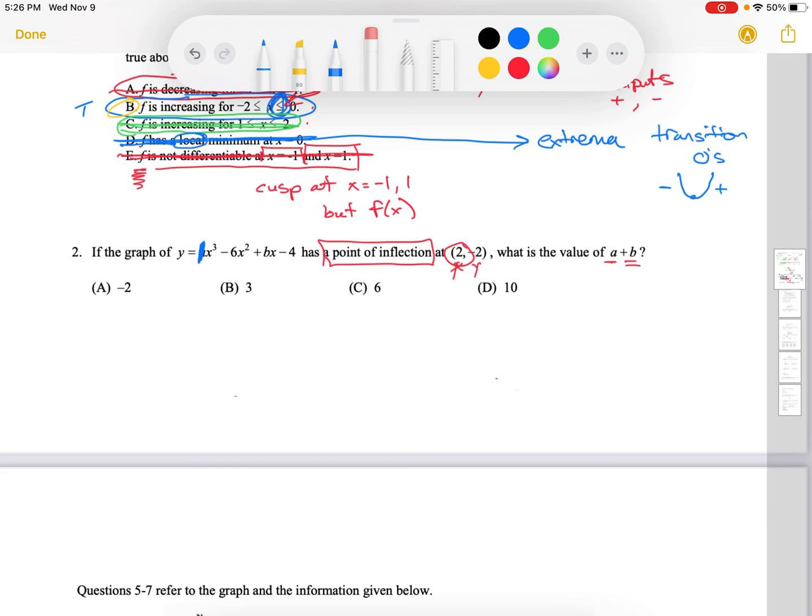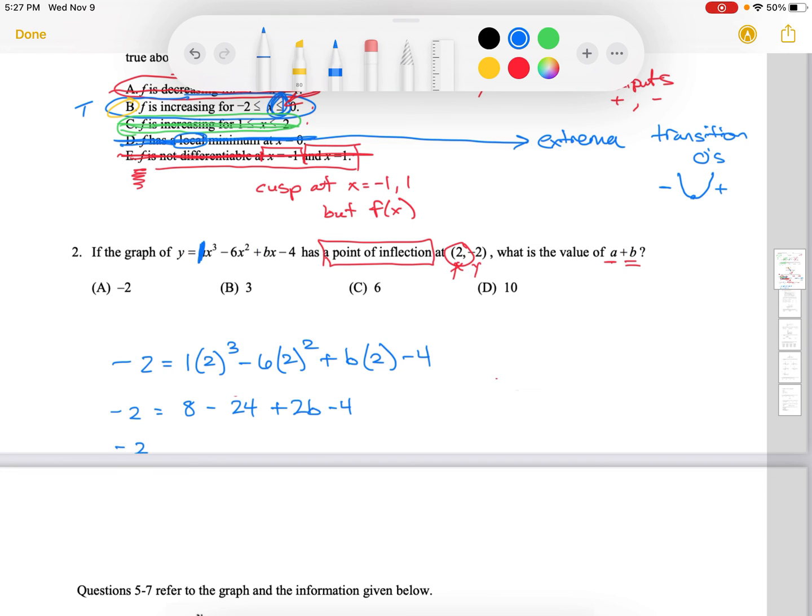So y equals a x cubed minus 6x squared plus b x minus 4. -2 equals 2 cubed would be 8. This would be minus 24 plus 2b minus 4.